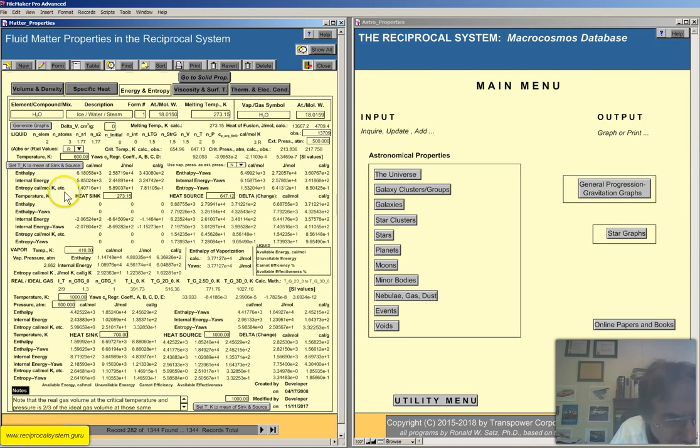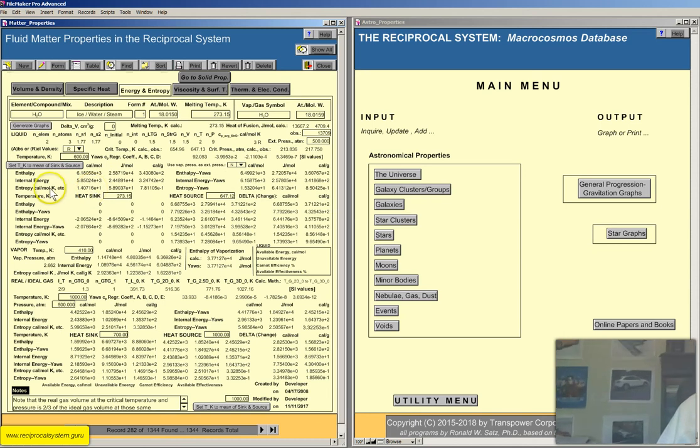And the entropy, cal per mole K. Okay, so these are really for the energy, but this is strictly cal per mole K, or joule per mole K, cal per gram K, and then entropy.